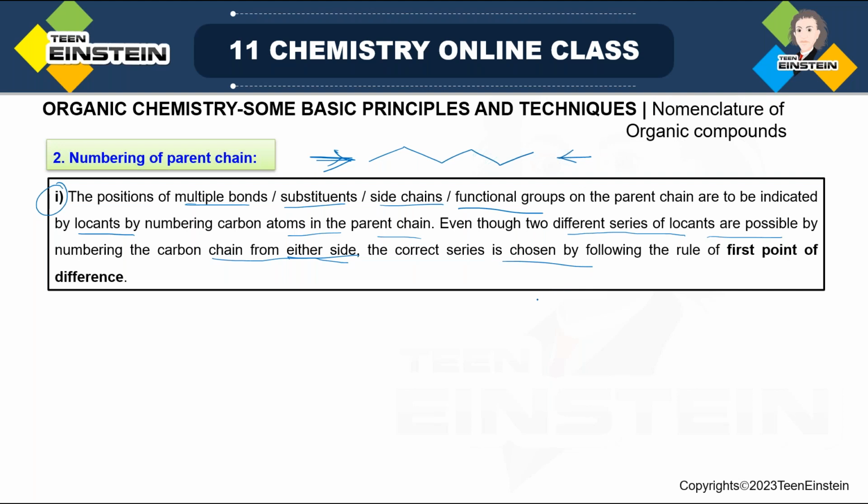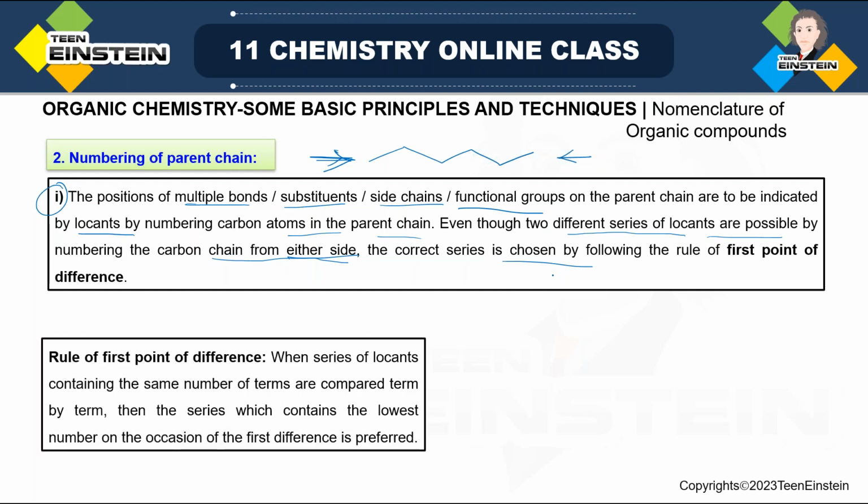Now what is first point of difference? That we will see. Rule of first point of difference: when series of locants containing the same number of terms are compared term by term. Now what does it mean? Look at this. Here in the first series we have 1, after that it is 2, then it is 2. But in the second one, 1, 1, 2.